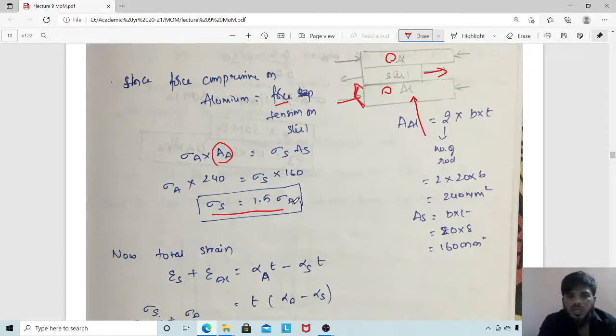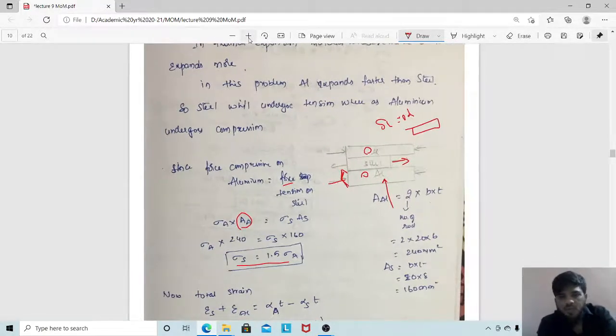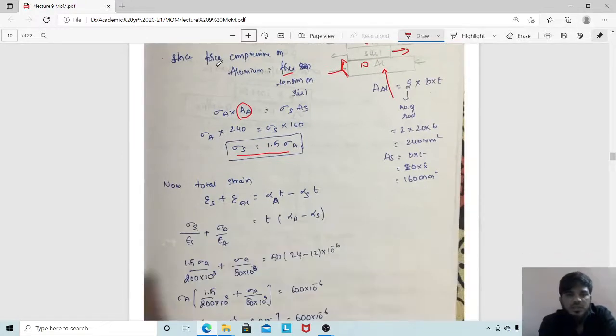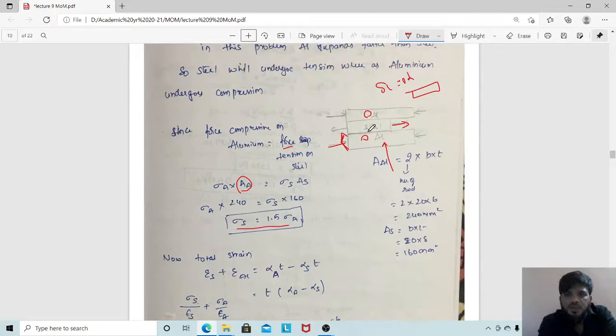Now the total strain of the material is ES plus E alpha. That is nothing but the strain happening here. If you see, this is expanding and this is contracting, or this is more expansion and this is less expansion.